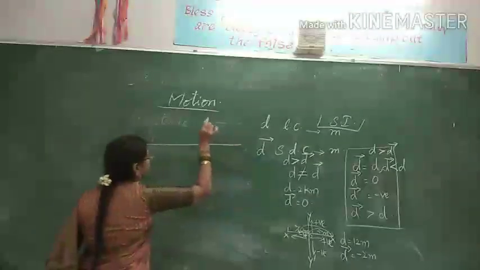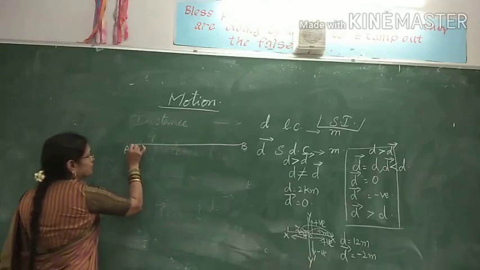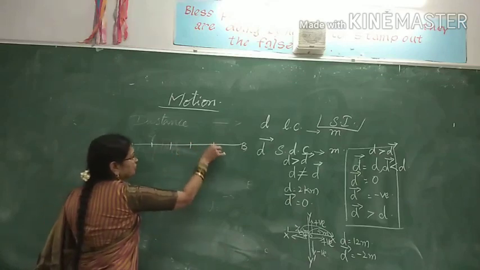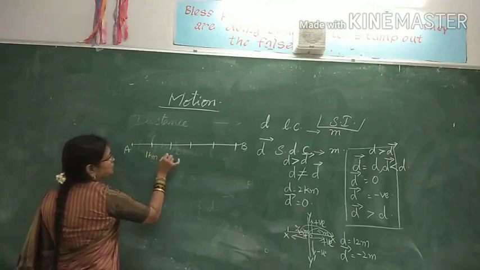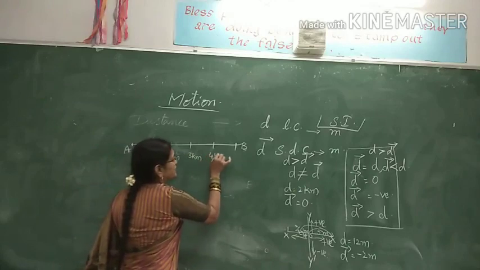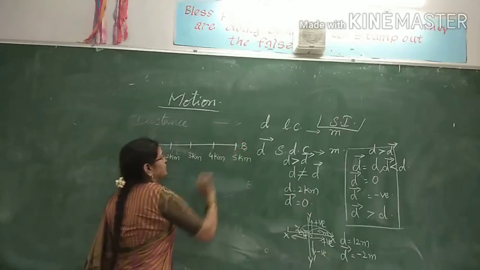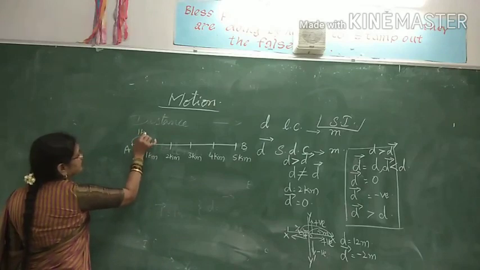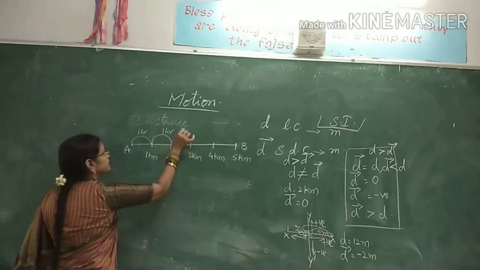Straight line. It is linear motion. Suppose a car is moving from starting point A. First 1 kilometer, 2 kilometers, 3 kilometers, 4 kilometers, 5 kilometers. Let it be 5 kilometers. Then it is covering 1 kilometer in the first 1 hour, the 2nd kilometer in the second 1 hour, the 3rd kilometer in the third 1 hour.